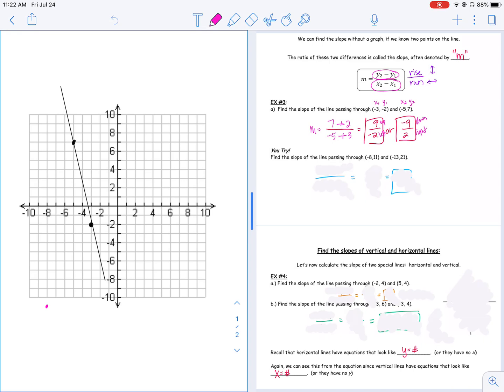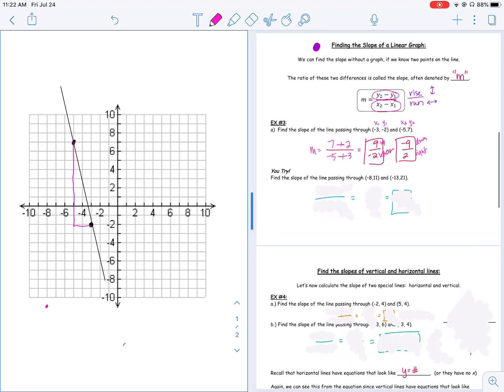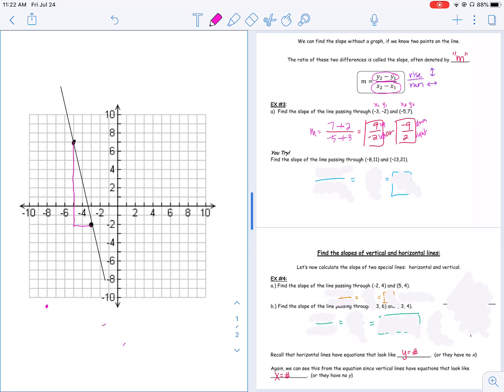You notice that my line has a steep downhill slope. The slope should be negative, right? I can go down 9 and right 2, or I can go up 9 and left 2, which would give me the same slope, as long as only one of them is negative. We can't put negatives on both because it would mean something different, right?